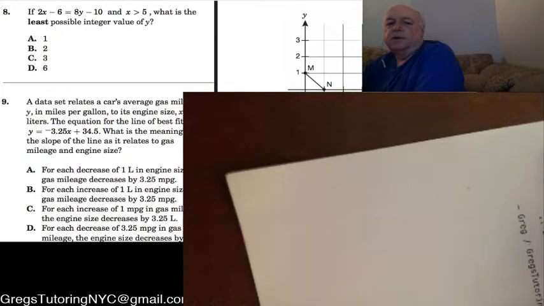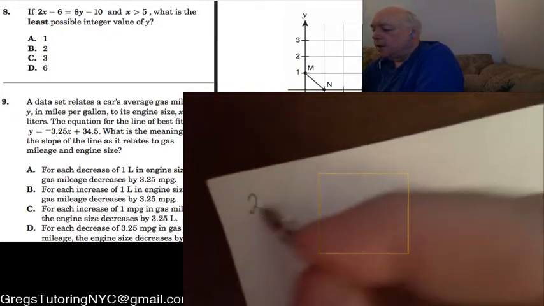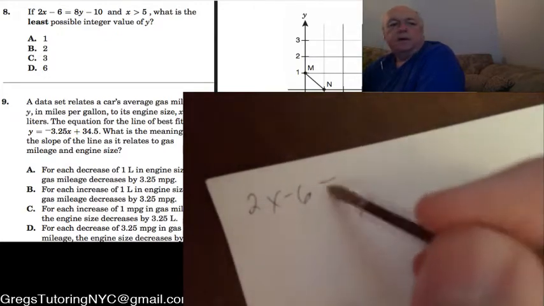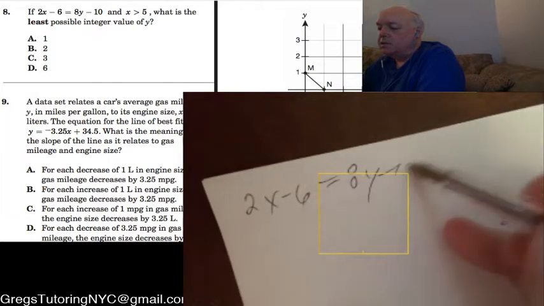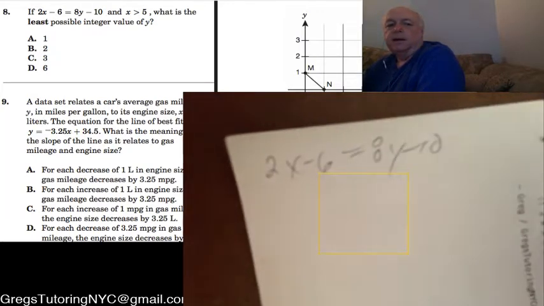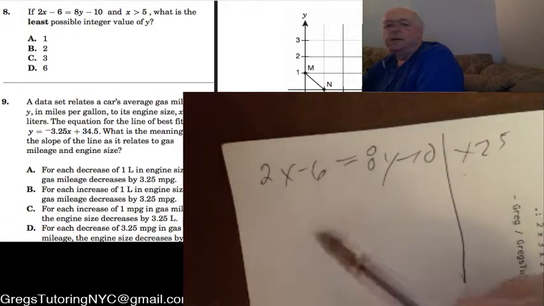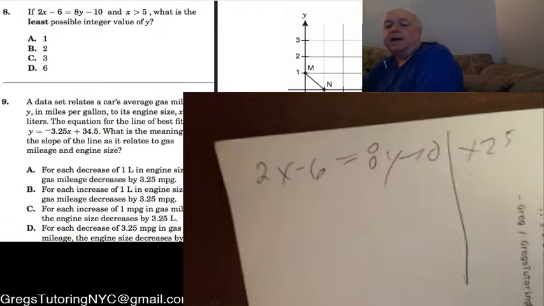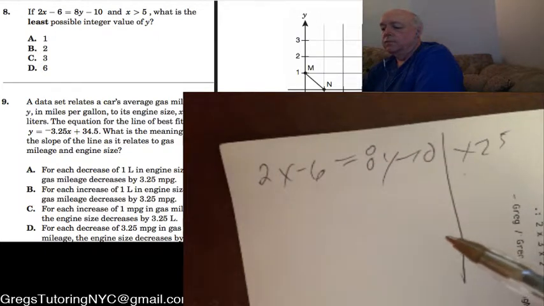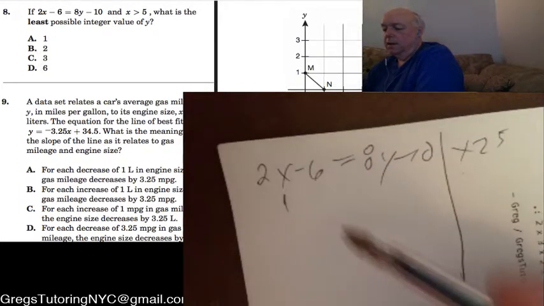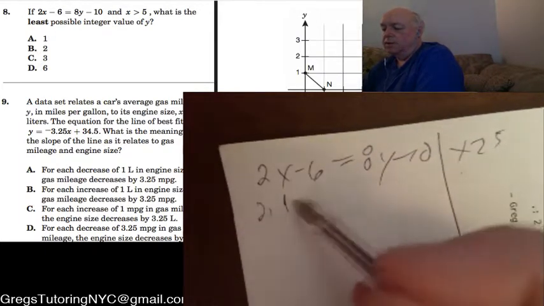Which is brute force. So if we have 2x minus 6 equals 8y minus 10, okay? And it's giving us the x greater than 5. And the answers A, B, C, D are not x's, they're y's. So let's just try them one at a time. So we get 2 times 1 minus 6.